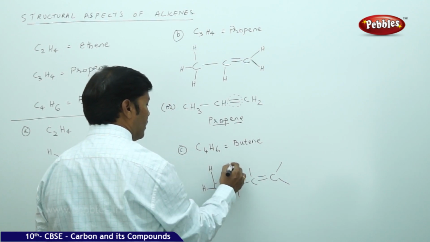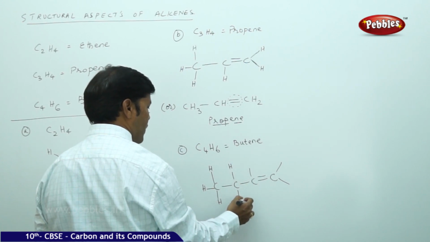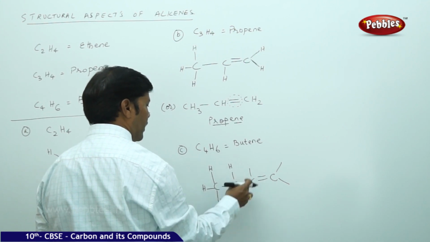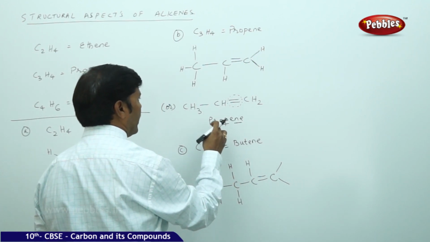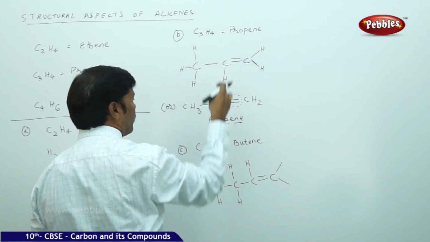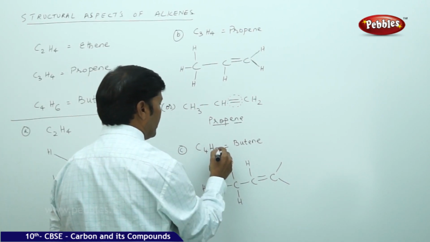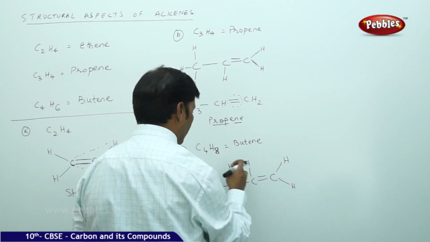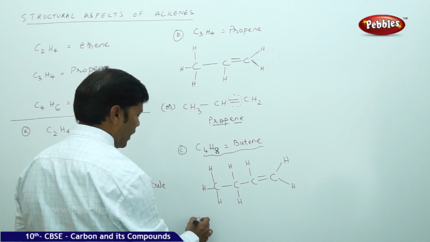Counting the hydrogens, this is C4H8, sorry, not C4H6. C3H6 is propene, so this is C4H8, the number of hydrogens is 8: 1, 2, 3, 4, 5, 6, 7, 8. So this is butene.